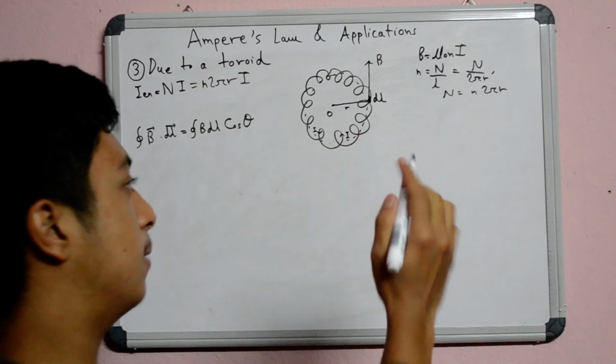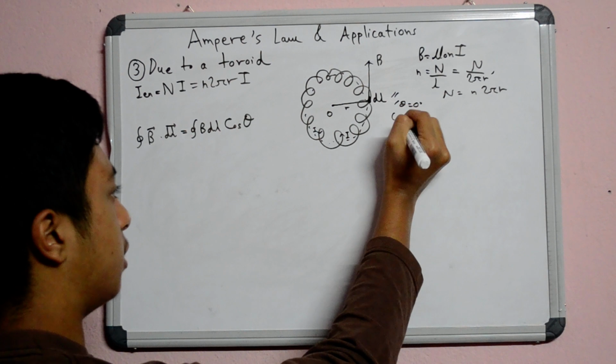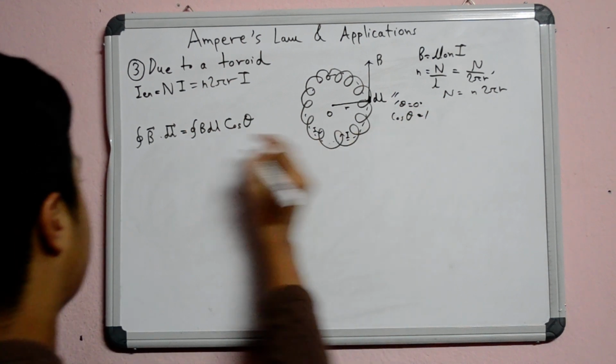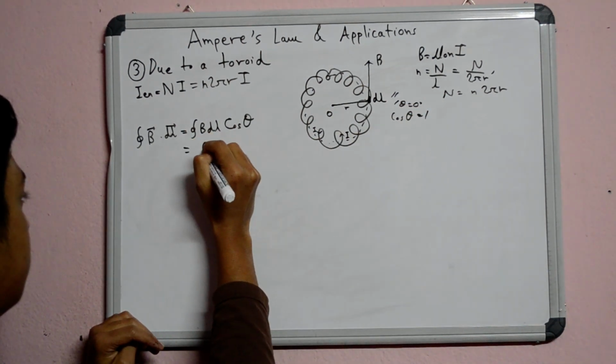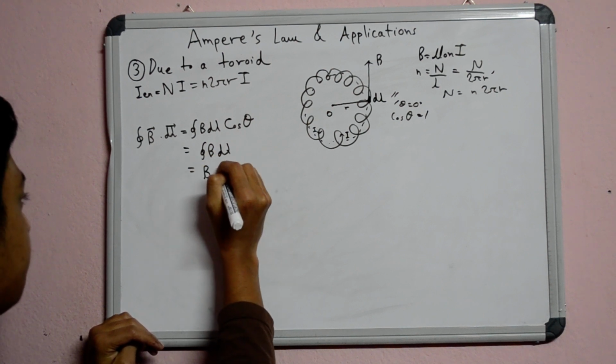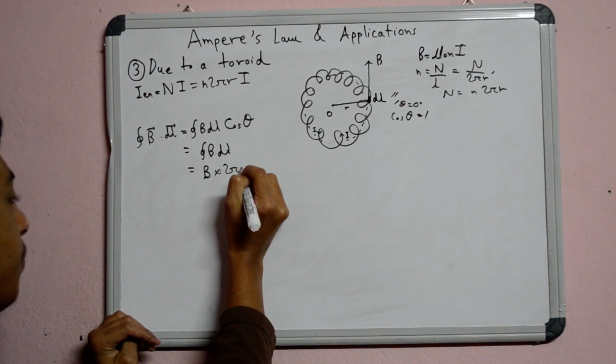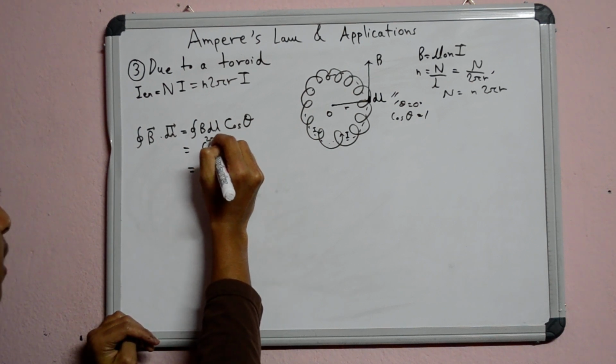No matter where it is, they will be parallel, meaning θ is 0 and cos θ is 1. So this is just ∮B dl, and here B is constant, and dl just gives 2πr, since it goes from 0 to 2πr.